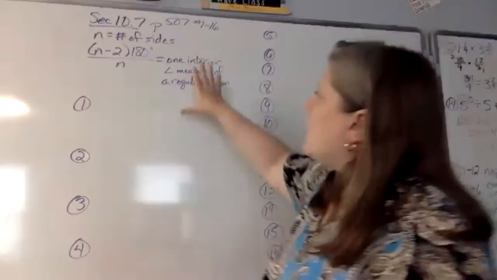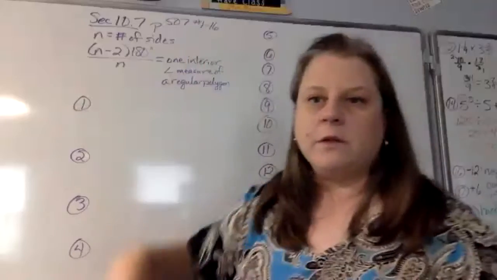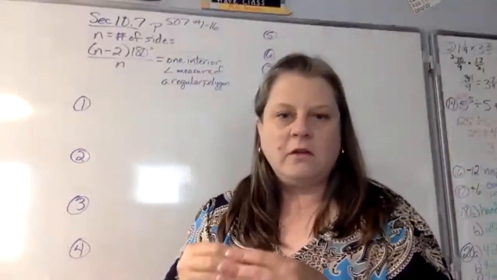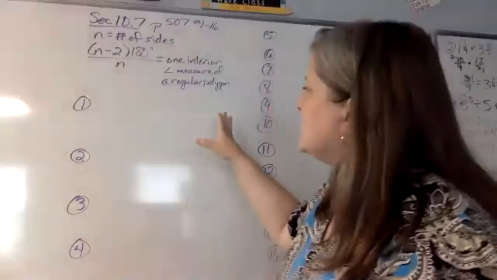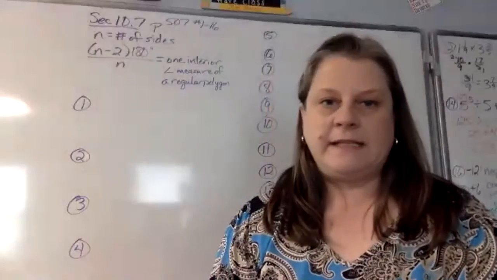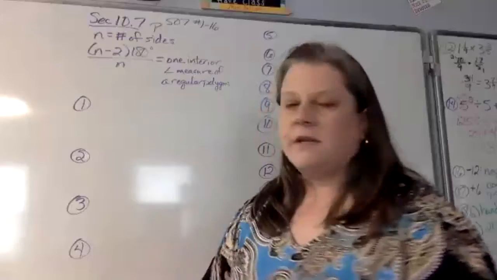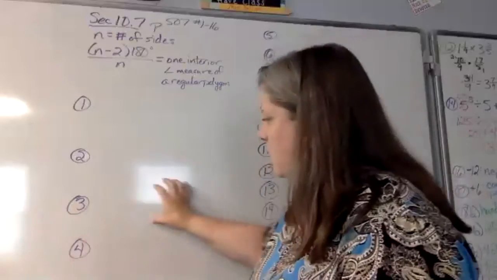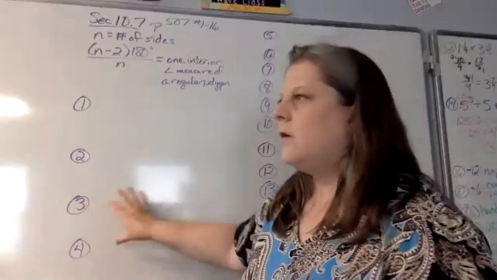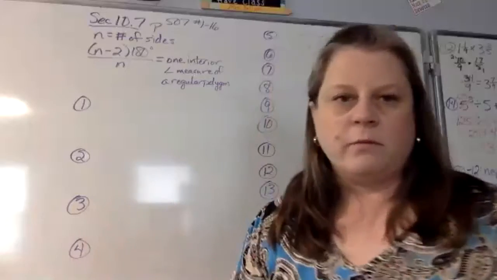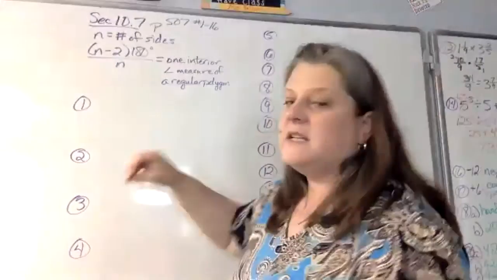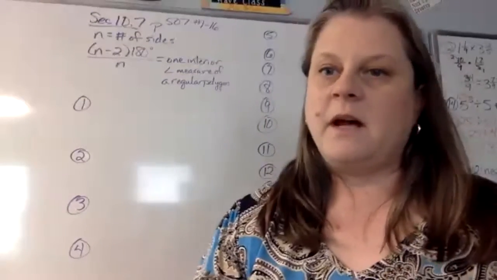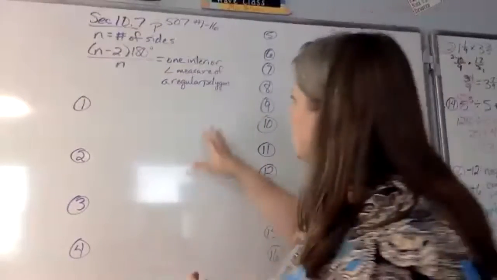For problems 1 through 4, we have to find the measure of each interior angle of that regular polygon and see if it divides evenly into 360. If it does, then it can be used to make a regular tessellation, like all squares lined up, or all pentagons or hexagons. If it doesn't divide evenly into 360, then you say no, it's not one.